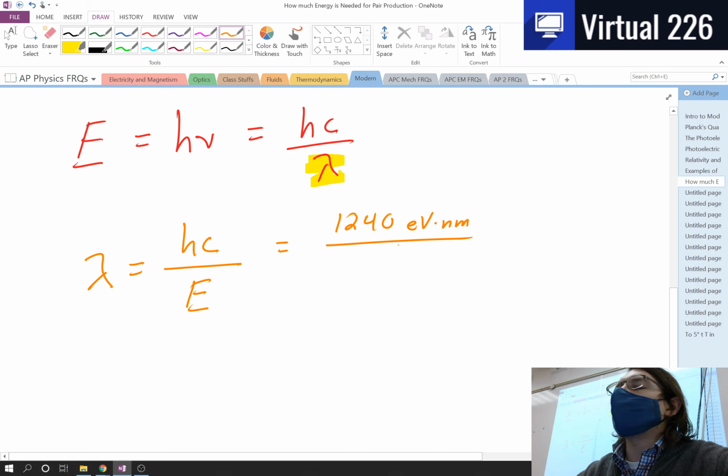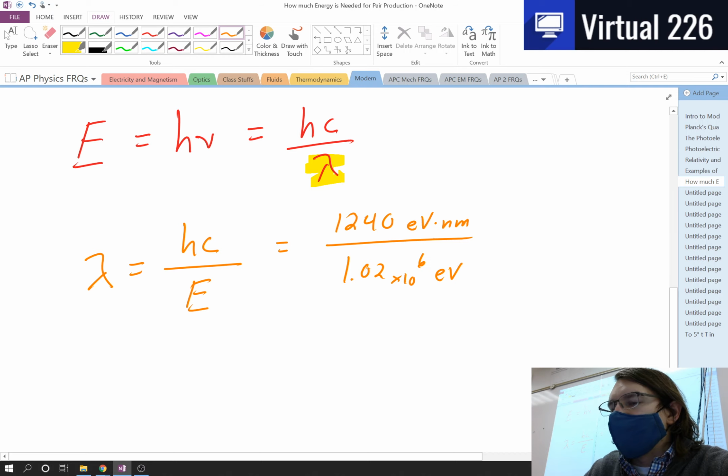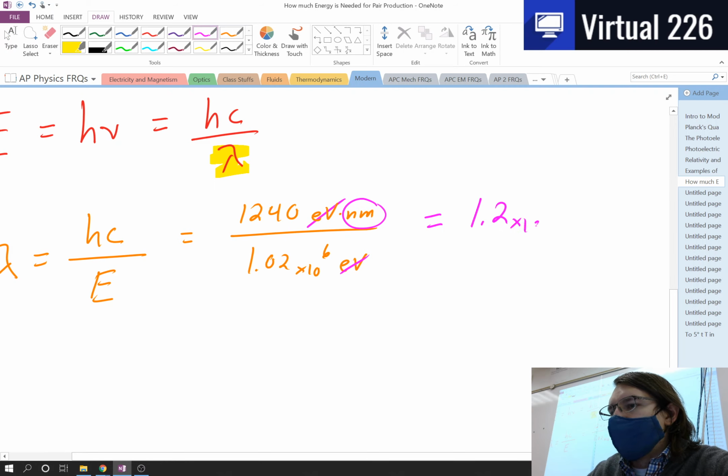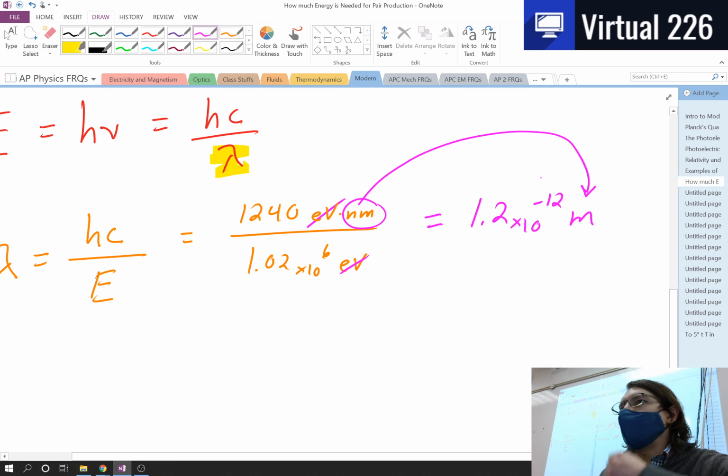If we divide that by our energy, that was 1.02 mega electron volts, or 1.02 times 10 to the 6th eV, and then convert out from the nanometers, we get a final answer of about 1.2 times 10 to the minus 12th meters. Note, I converted out of nanometers to meters at the end of that.